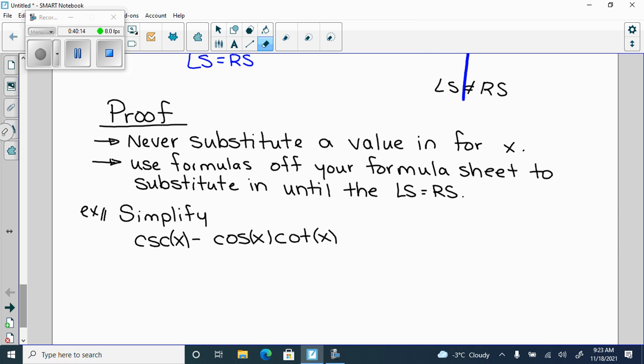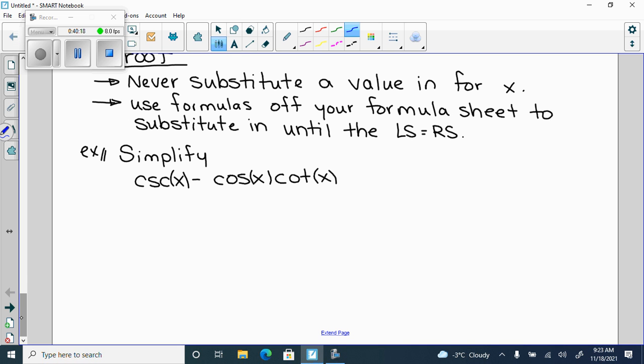Off my formula sheet. Your formula sheet's going to be your bestie for this whole unit. So what's cosecant? 1 over sine. Now we're simplifying, so this is going to equal the next one. Simplification, when you don't have an equal sign, you run an equal sign down the left. So cosecant is 1 over sine x.